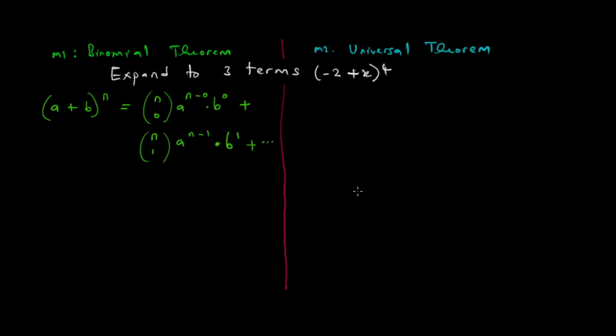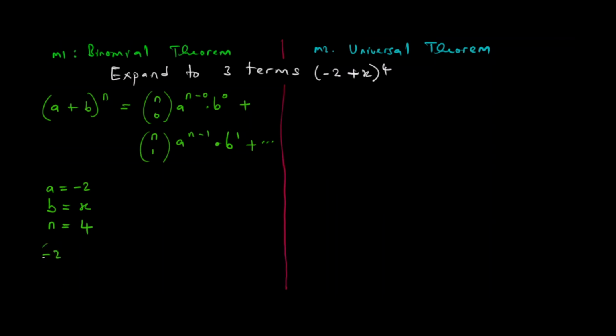Okay, looking at our question, we can easily see that a is equal to -2 because it's (a + b) to the power n. Here it's (-2 + x) to the 4. b is x and n is equal to 4. So what is needed here now, remember, is the first 3 terms. So what is needed here is substitution.